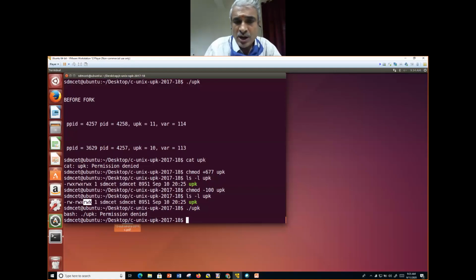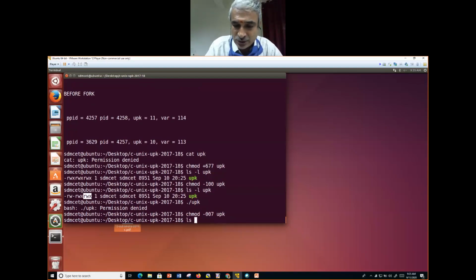I want to remove a permission, so say change mode, withdraw. Nothing for owner, nothing for group, and all 4 to 1 for others. 4 plus 2 plus 1 equals 7. Read, write, execute: 4 is read, write is 2, execute is 1. Fixed. 4 plus 2 plus 1, 7. You withdraw 7 for others on this file.